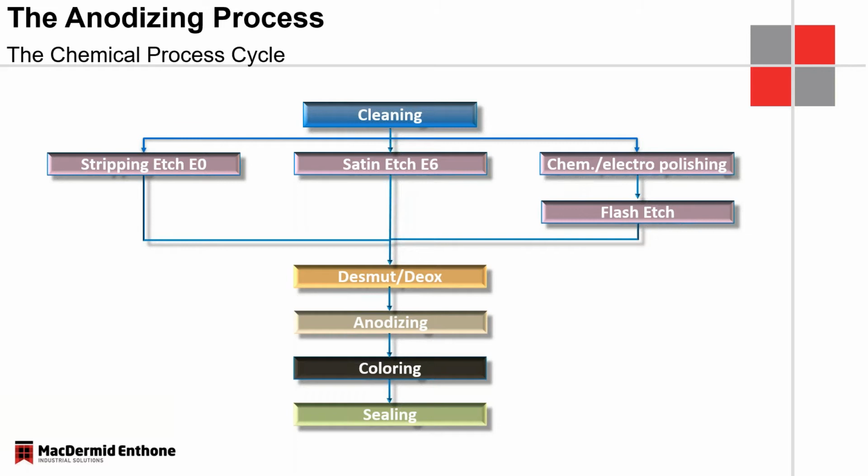We're locking in the color, we're providing good wear resistance, and especially we are protecting the component from any sort of corrosion. And the corrosion resistance we can achieve by anodizing these parts is phenomenal.